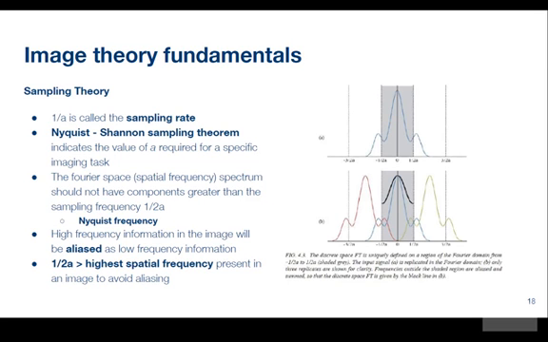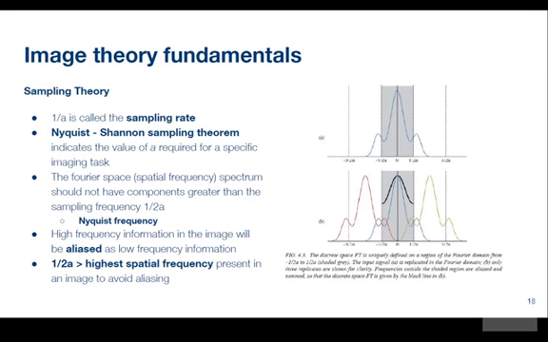If we don't have a sampling interval small enough, there's going to be a misrepresentation of the high frequency information. It'll be aliased as low frequencies, and this is going to distort the image that we end up seeing.